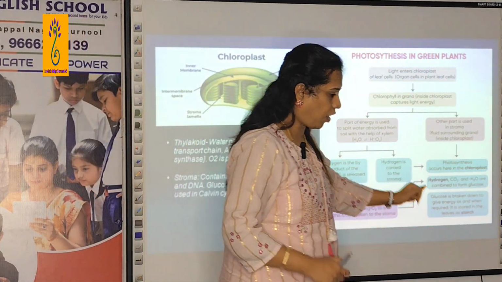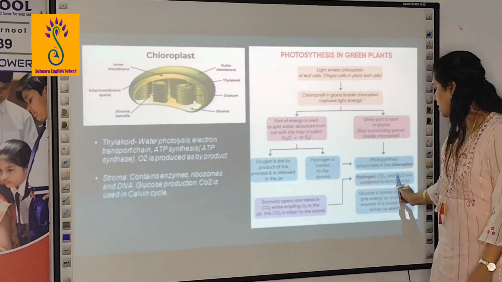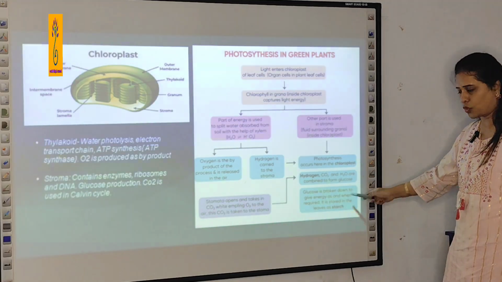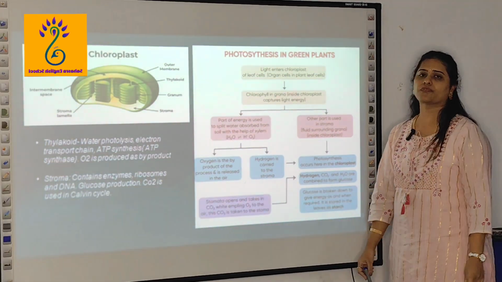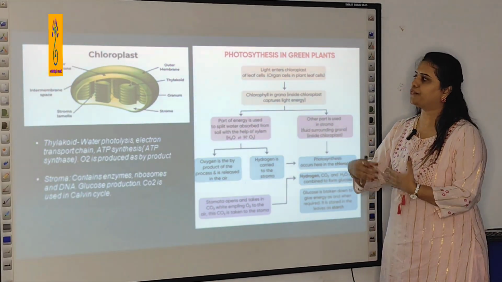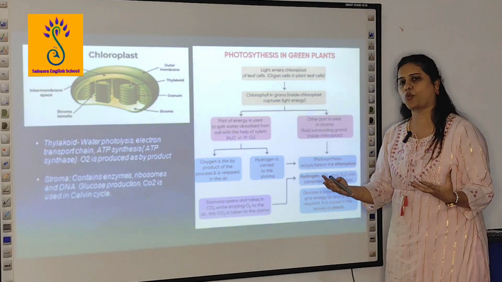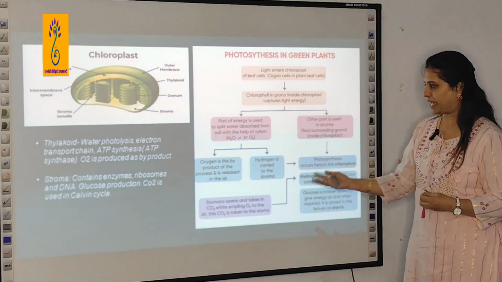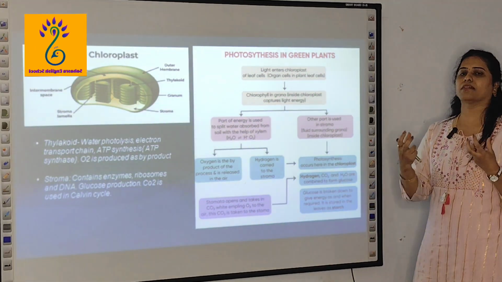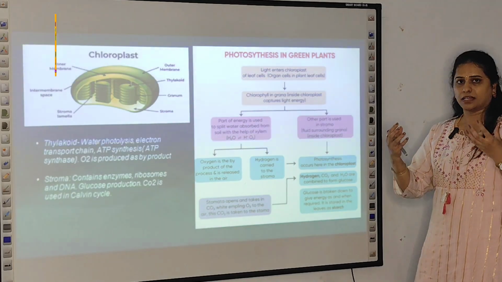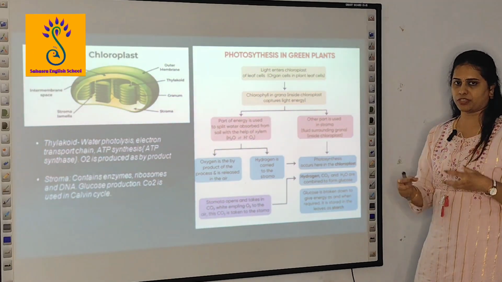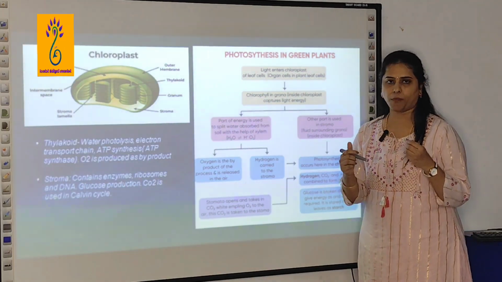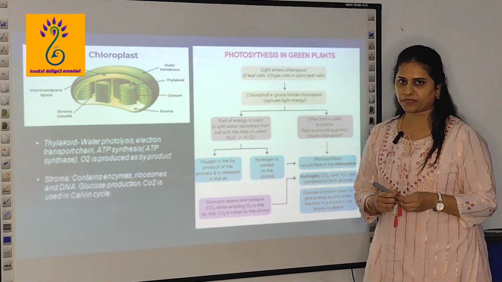Here it is glucose. The glucose which is formed here is sent to different parts of the leaf, for the growth or for different functions of the plant. And any carbohydrate which is more than what is required is stored in the form of starch.